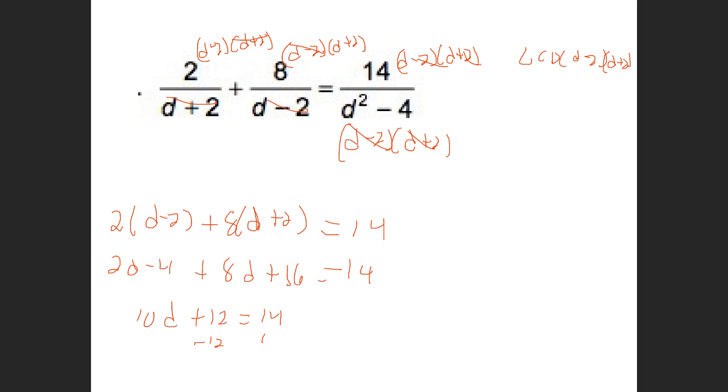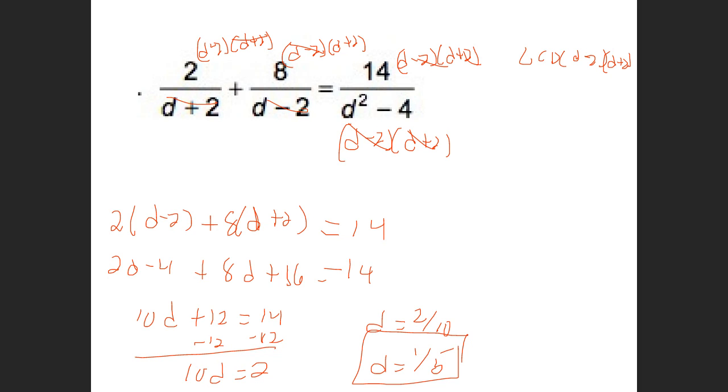Subtract off 12 from both sides, so I end up with 10d is equal to 2. So d is equal to 2 over 10, or d is equal to 1/5. And again, on this one, I will let you plug it back in to see if it works, but it should.